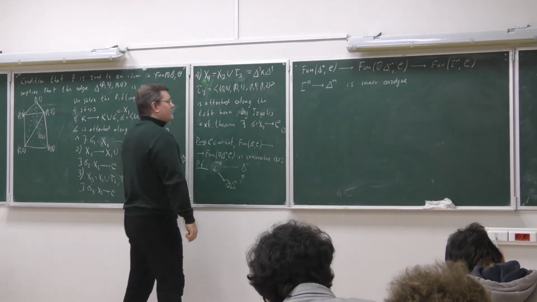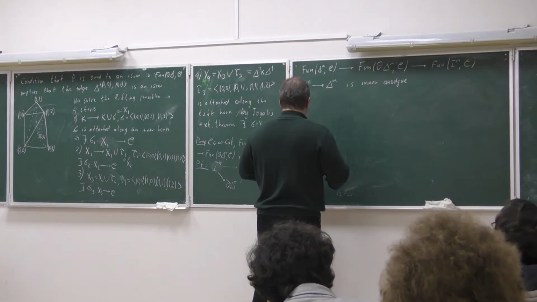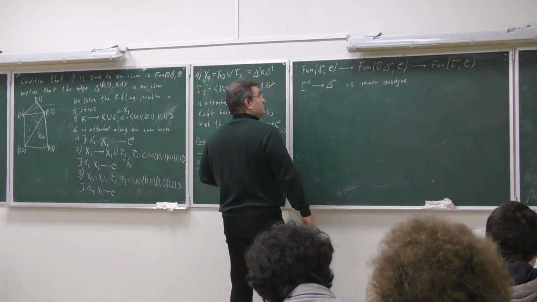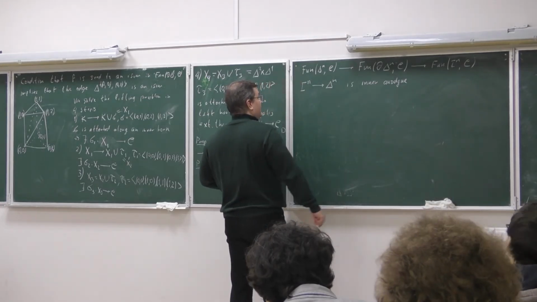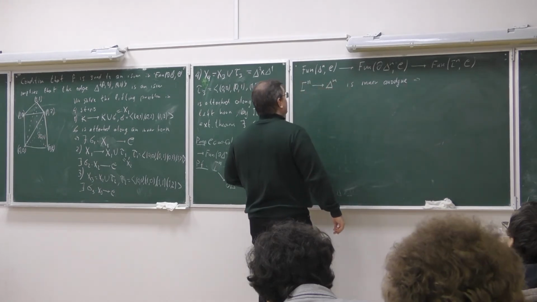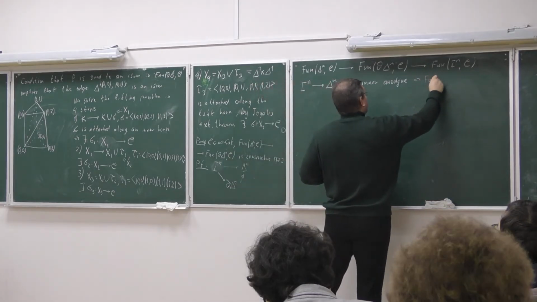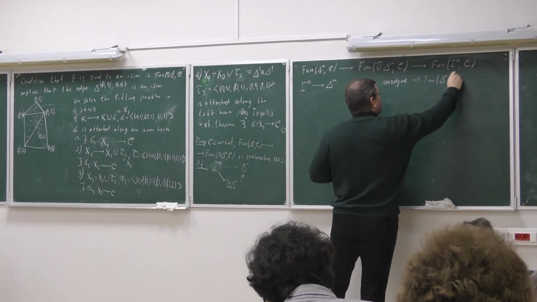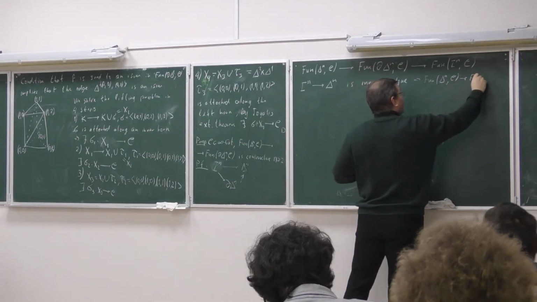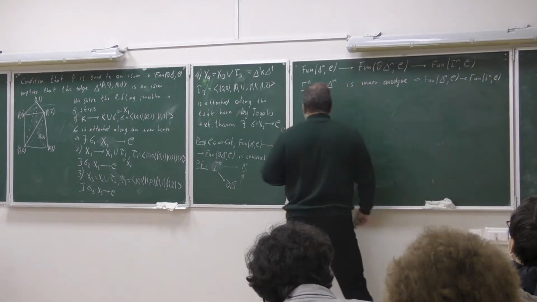That was one of the exercises in one of the assignments. Since this is an inner anodyne map, we know, by a special case of general properties, that the map from Fun(delta n, C) to Fun(I_n, C) is a trivial fibration.